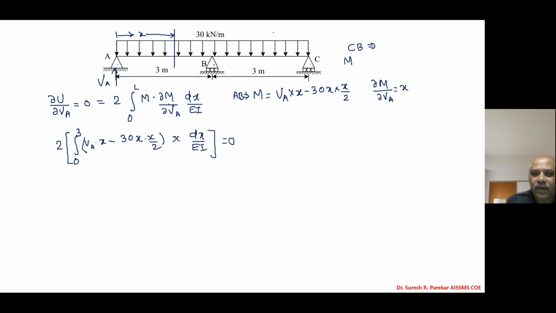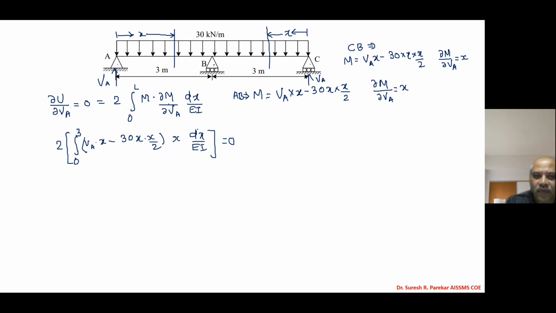So we have X, and we have VA equal to VC, so we will have this also VA. And then we will get the same: M is equal to VA into X minus 30 into X by 2, and dabba M by dabba VA, again the same, we will get it as X.